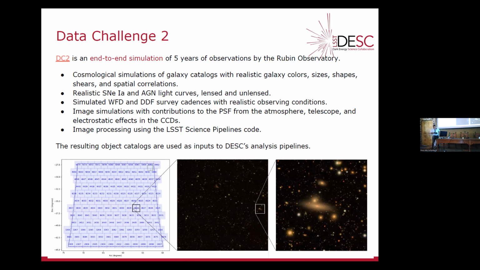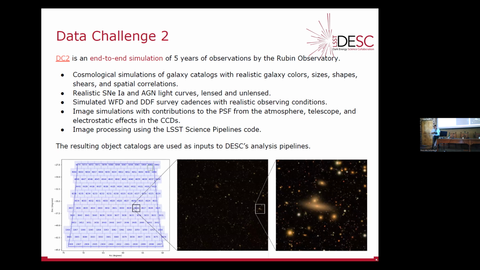One important aspect at the boundary between science and computing was Data Challenge 2. It is an end-to-end simulation of five years of observation by the Rubin Observatory, restricted to approximately 300 square degrees.